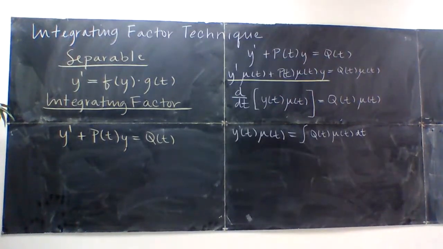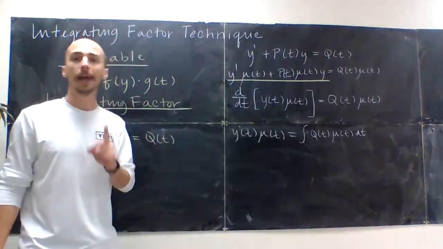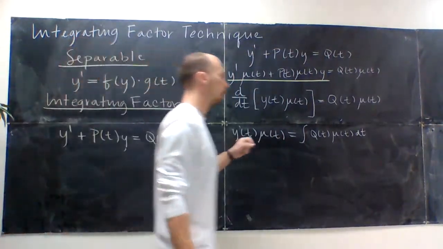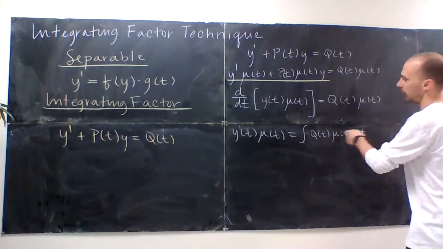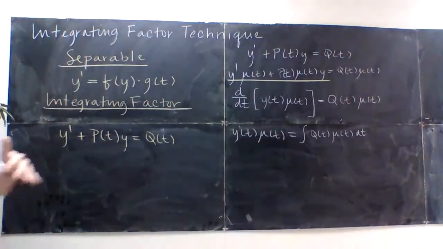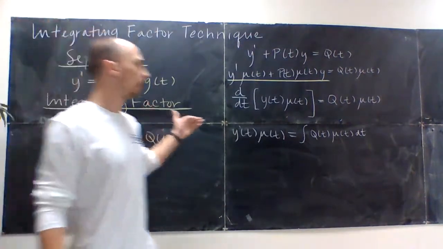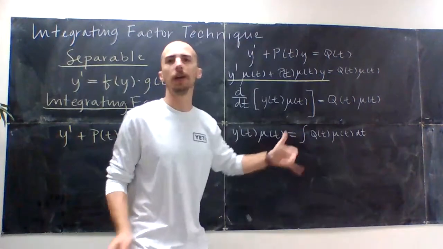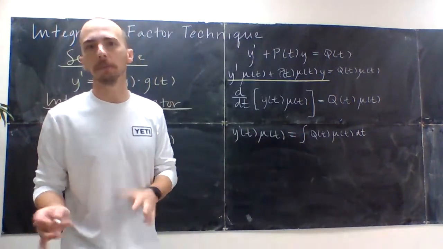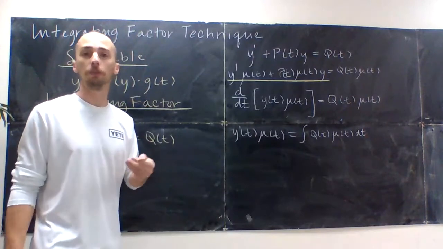And now, all I'm going to need to do is divide both sides by this mu of t. Now, we are not going to be able to just divide in the integrand. That's not going to work. If you work through one of these, you'll see that just dividing in the integrand will not leave you with the same solution.